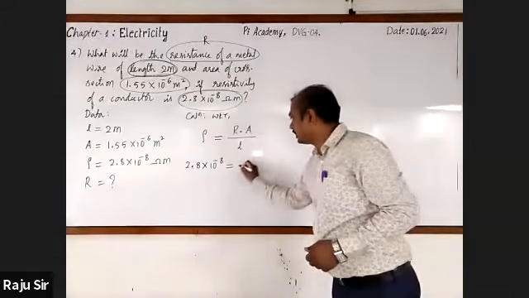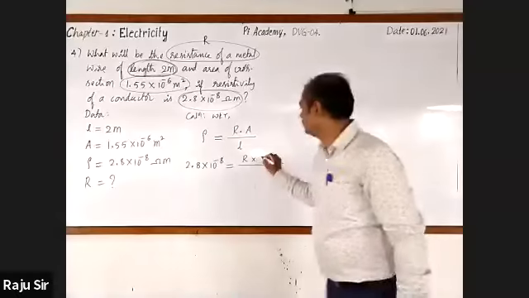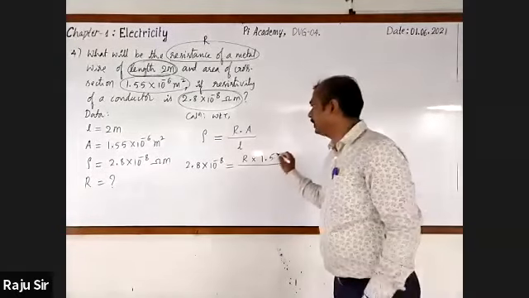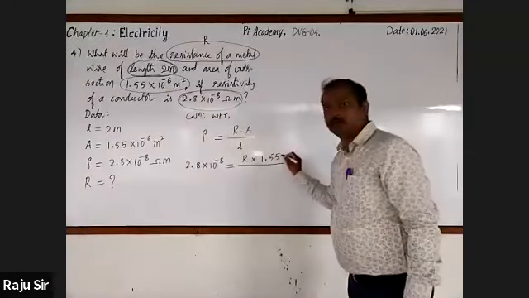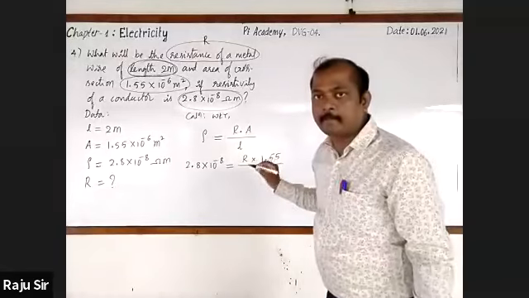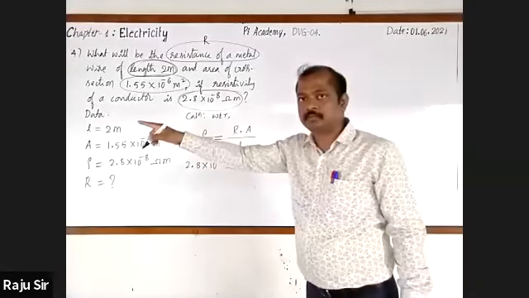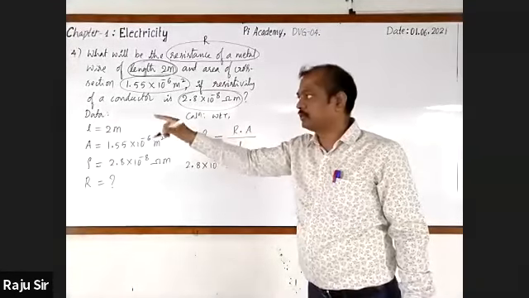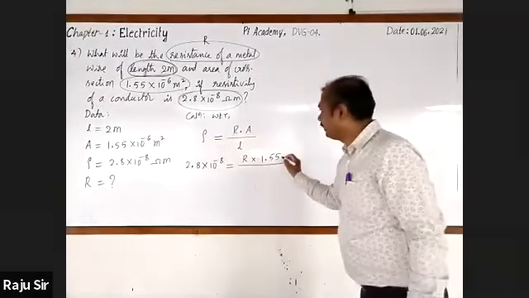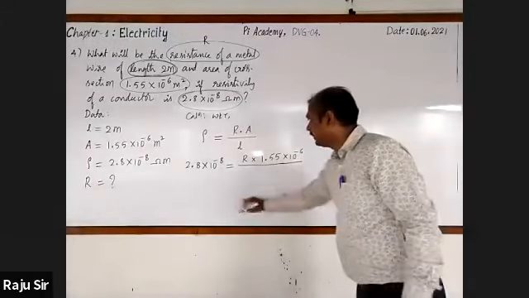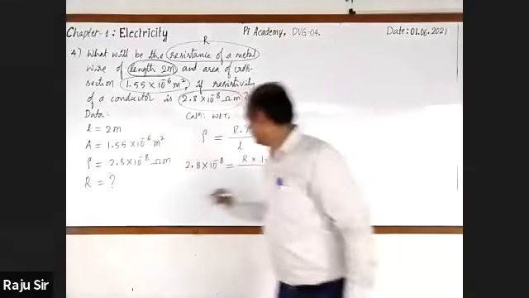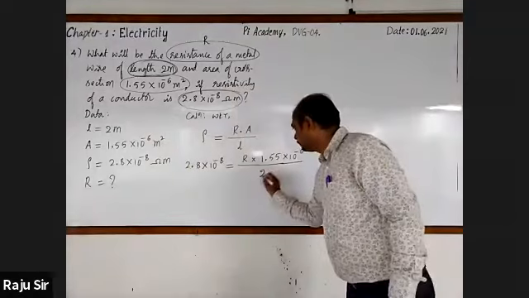Next, R, it is unknown, into area of cross section, 1.55 into 10 raised to the power minus 6, divided by length. Length is 2 meter, I'll write that 2.